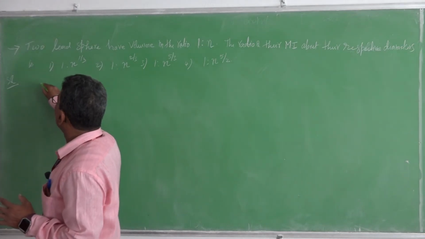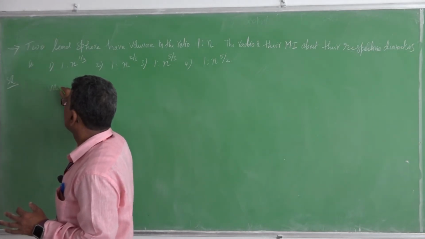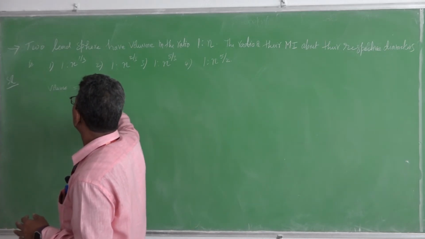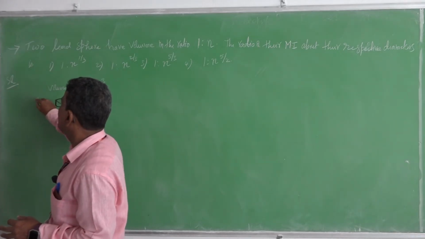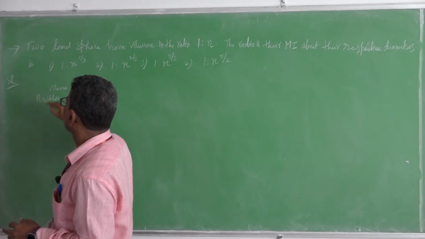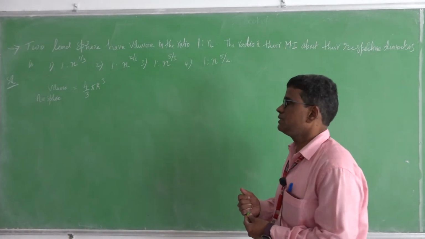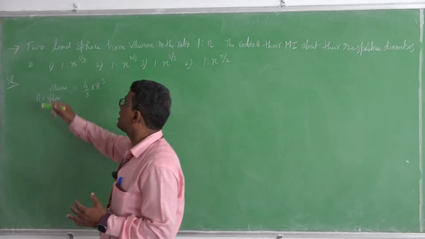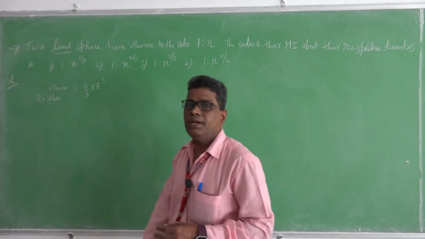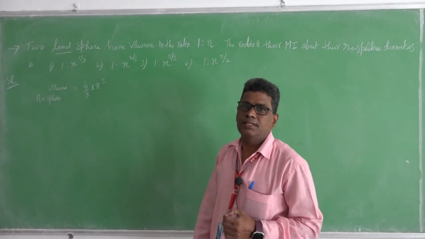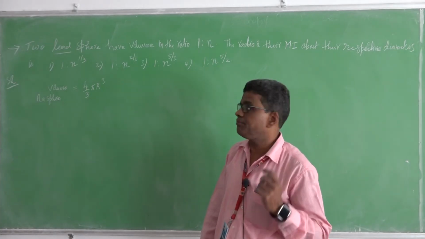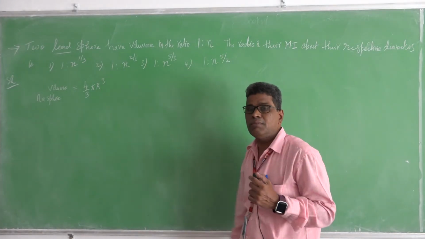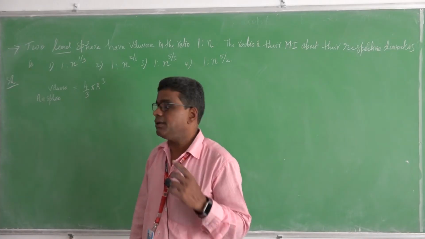The volume of a sphere is 4/3 pi r cube. Both are lead, so they are made of the same homogeneous material, which means the densities are the same. Since the densities are the same and volumes are in the ratio 1 is to n, the masses are also in the ratio 1 is to n.